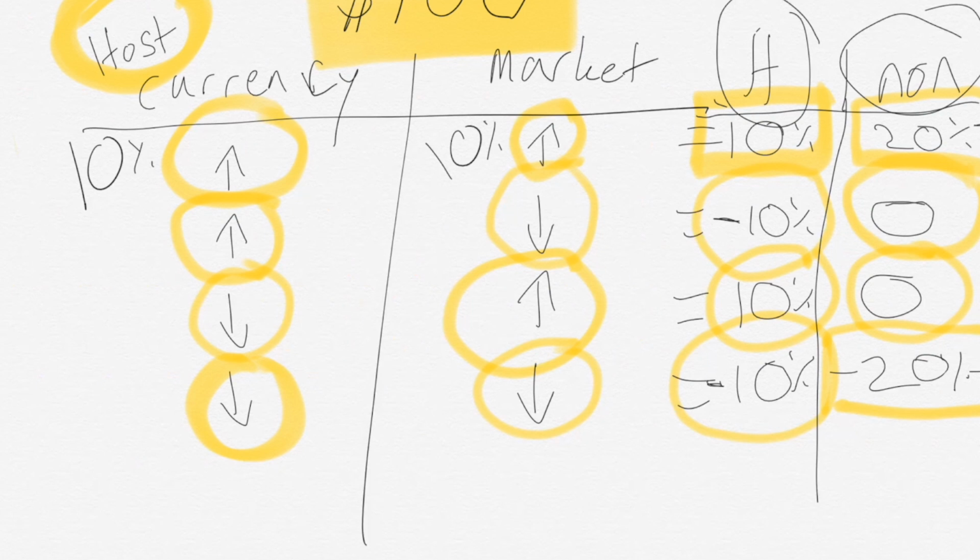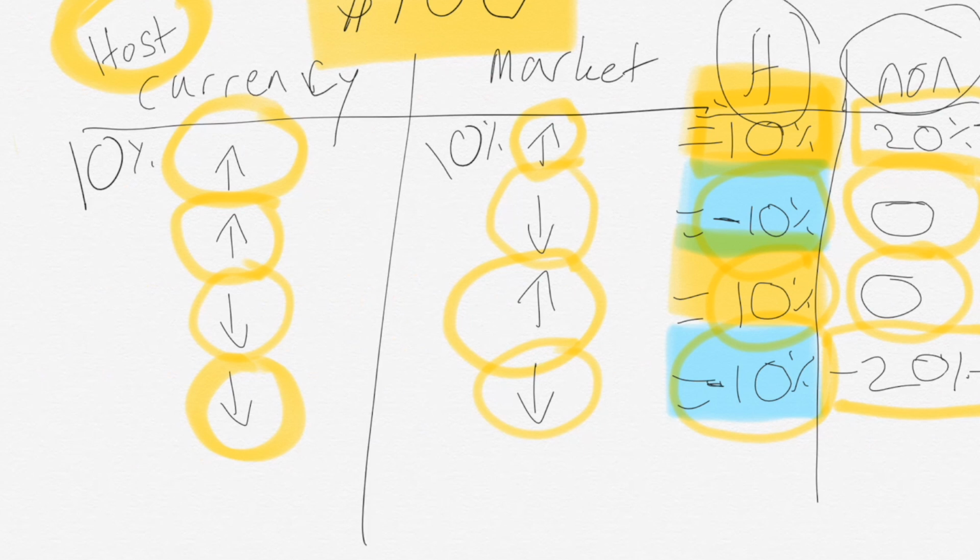So altogether, you are going to have less risk on the hedged side, because you're going to be down 10% max. You have a 50% chance of being positive 10% and a 50% chance of being positive or negative 10%, either way.